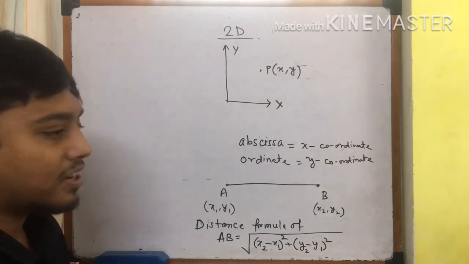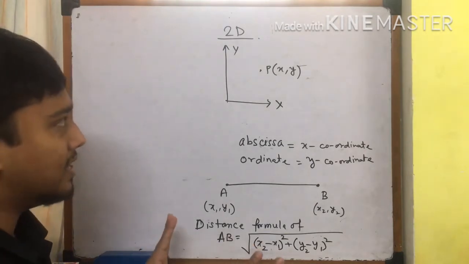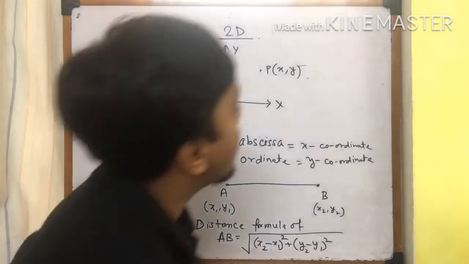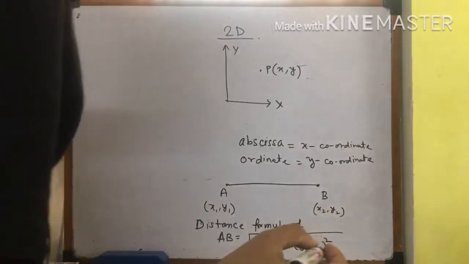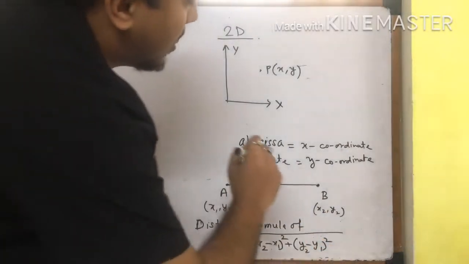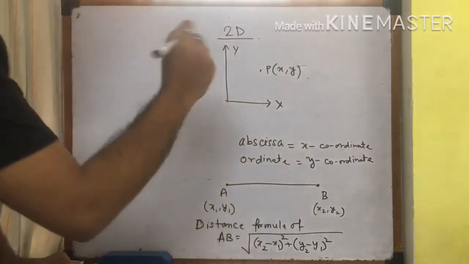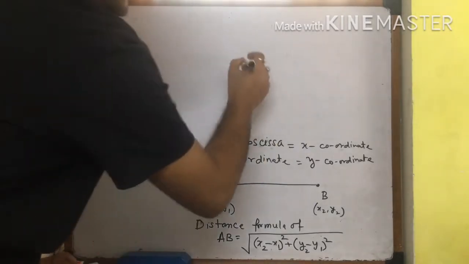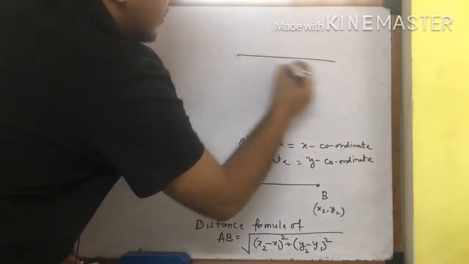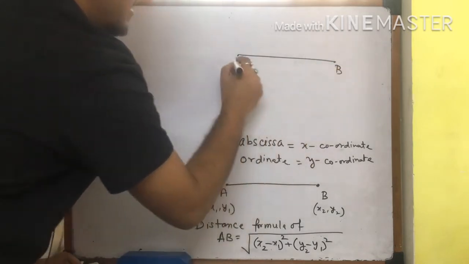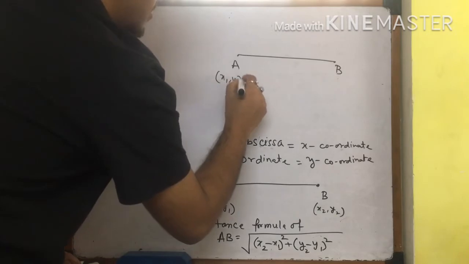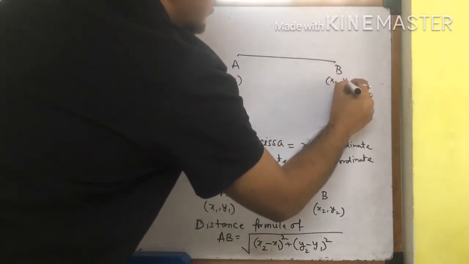learn about the section formula. Nothing else in distance formula, and we will know about the section formula now. What is the section formula? Let us consider B and A, similarly (x1, y1) and (x2, y2).